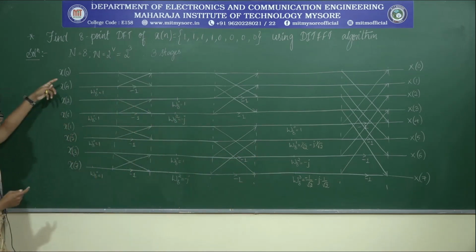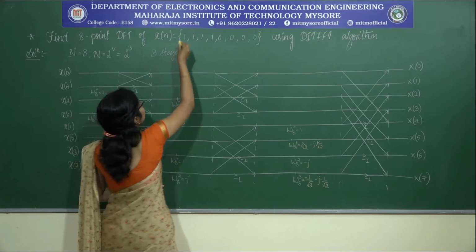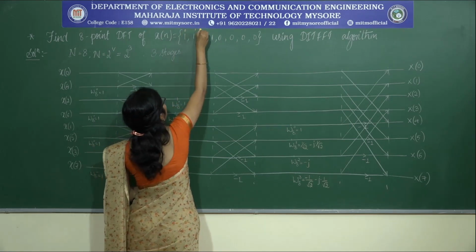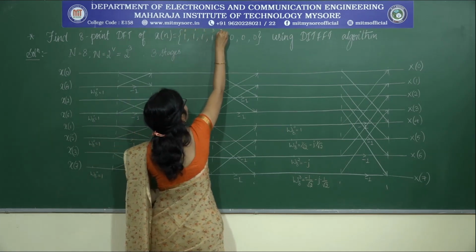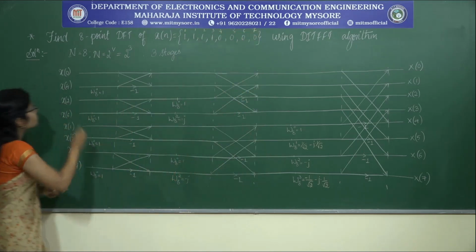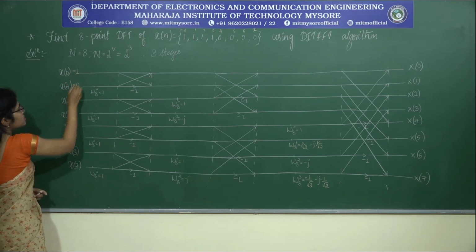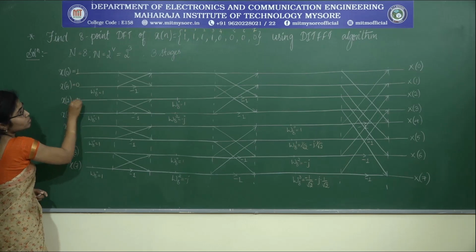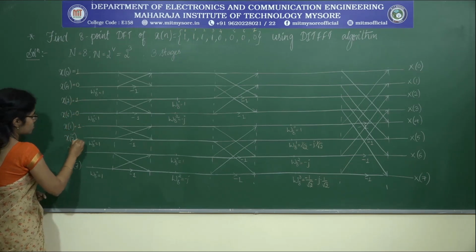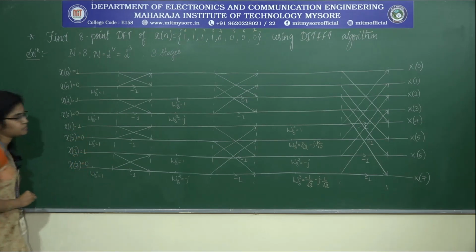Now I need to enter the input data in bit reversed order. For that let us start indexing. So this is x of 0, x of 1, x of 2, x of 3, x of 4, x of 5, x of 6 and x of 7. So first is x of 0, the value is 1, x of 4 is 0, x of 2 is 1, x of 6 is 0, x of 1 is 1, x of 5 is 0, x of 3 is 1, x of 7 is 0.